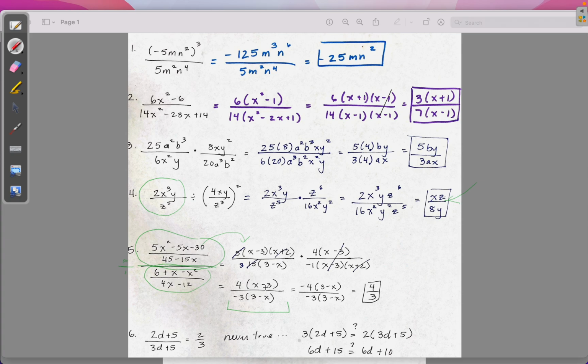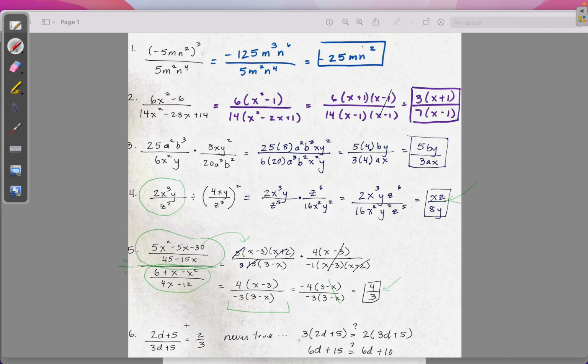And the signs here change. This negative 3 becomes a positive 3. This positive x becomes a negative x. And in doing that, I have not changed what this means, simply how it looks. And it allows me to cancel out these 3 minus x's, cancel out these negative signs, and simply end up with 4/3. This is the challenge of simplifying, the ability to see these insights so that you can simplify further.